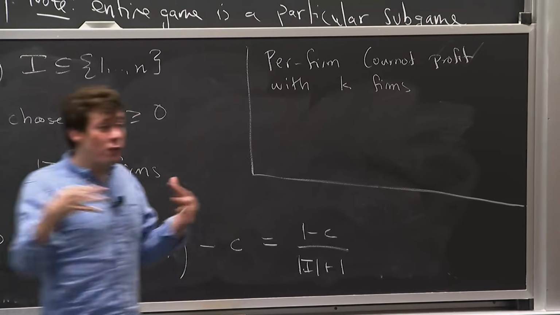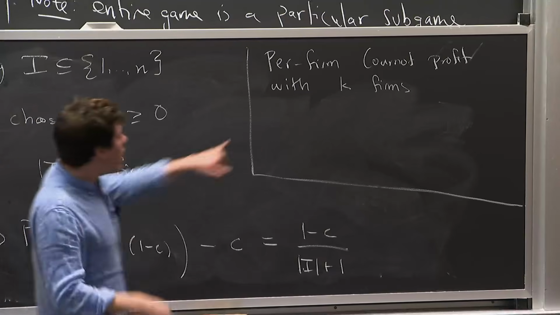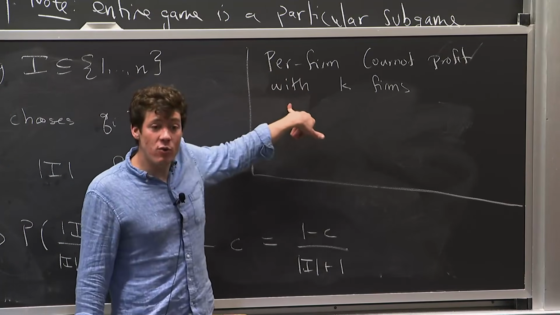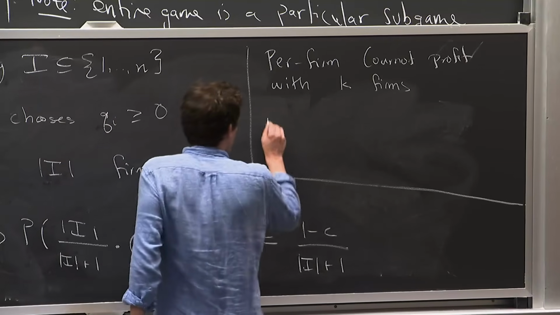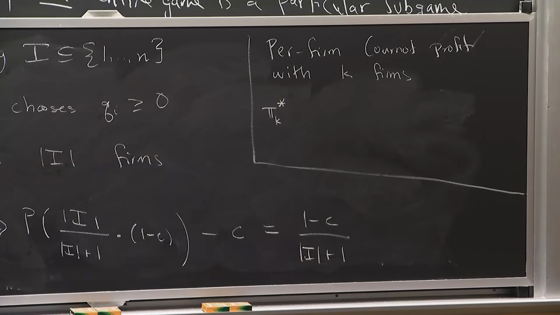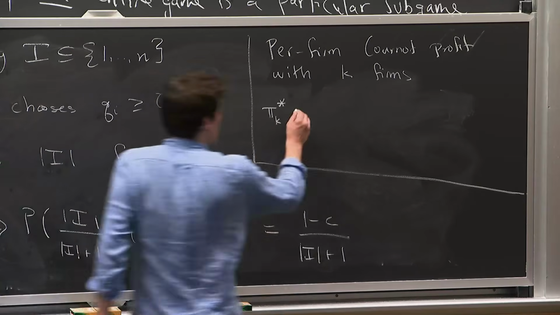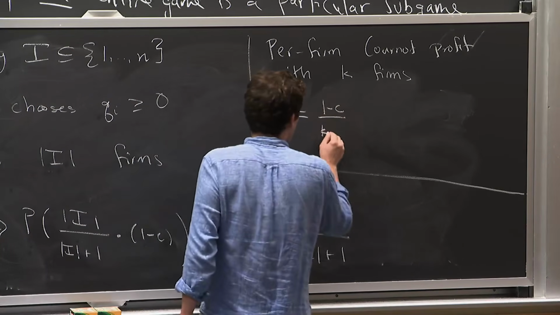If we're playing a Cournot game and there's k firms altogether, what is each firm going to get in equilibrium? Well, I'll call this pi k star. And it's going to be the amount produced by each firm times the profit per unit. So this is going to be, well, I'll just use this formula, 1 minus C over k plus 1.